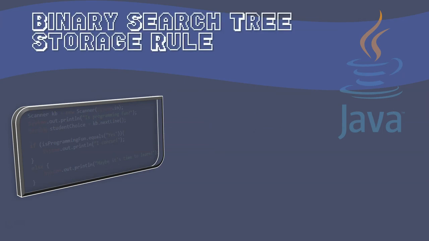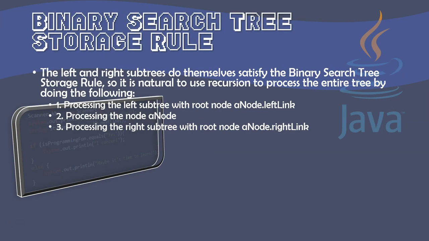So, again, going back to the binary search tree storage rule, the left and right subtrees do themselves satisfy the rule, so it's natural to use recursion to process the entire tree by doing the following. First, we process the left subtree with root node aNode.leftLink. Then we process the node, aNode. And then we process the right subtree with root node aNode.rightLink.